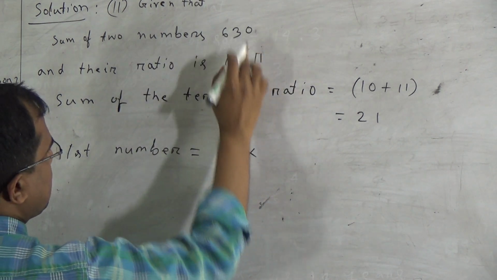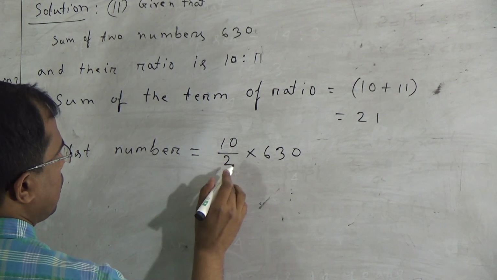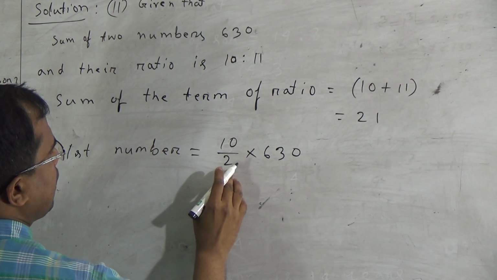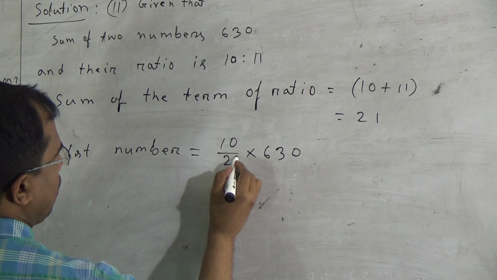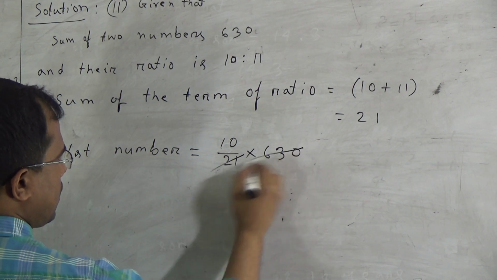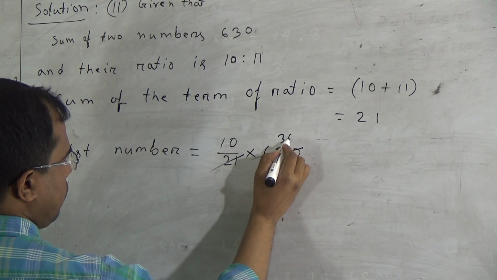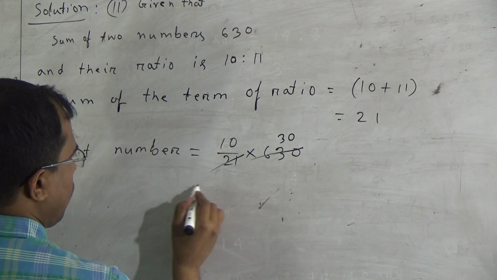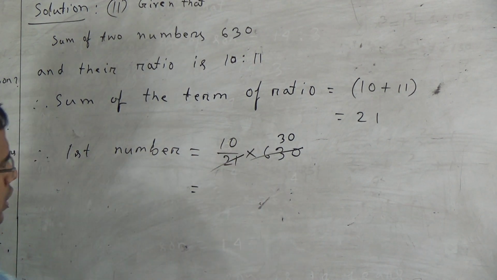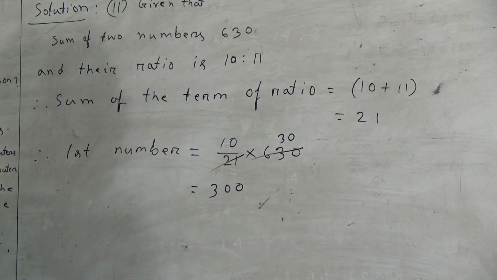Sum of the numbers is 630. Now, it's 10 by 21. Sum is 21. Now, 21 3s are 63. So, after cutting, we'll get here 30. Now, if we multiply 30 with 10, then it will be 300. That means first number is 300.